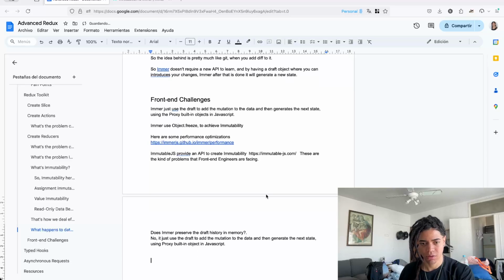Interesting, very, very interesting. Immer just uses the draft.